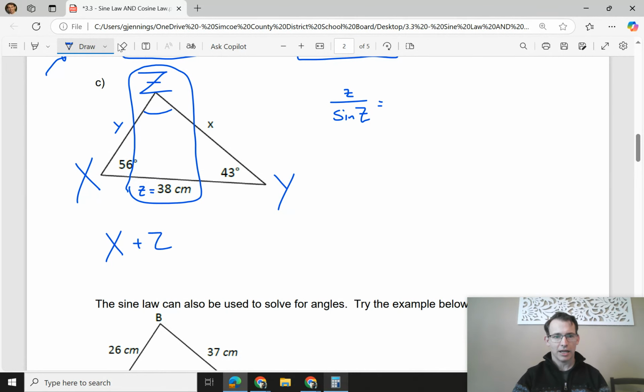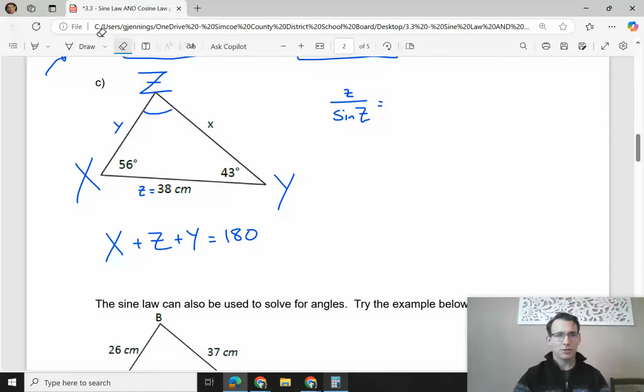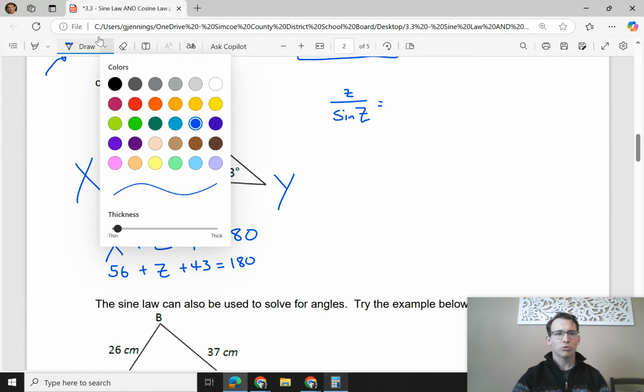X plus z plus y equals 180. It's a triangle. So we can find a missing angle if we know 2. Okay, so we know 2. So let's go ahead and find what that is. X is 56. Y is 43. 56 plus 43 is 99, and the total equals 180. So I'm going to subtract.